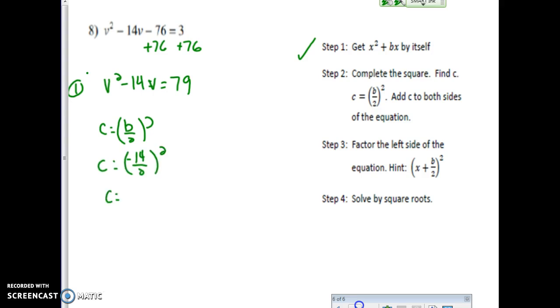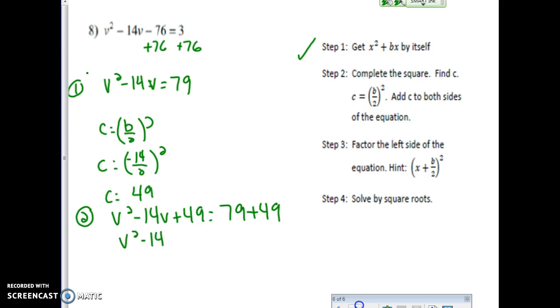So you get c to be positive 49. So step 2 right now, what I have is I have v squared minus 14v plus 49 equals 79 plus 49, or 128.